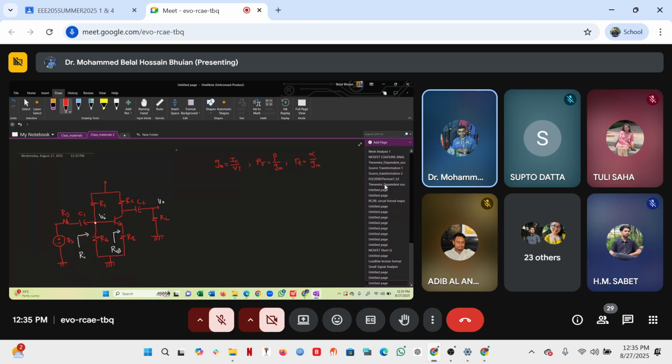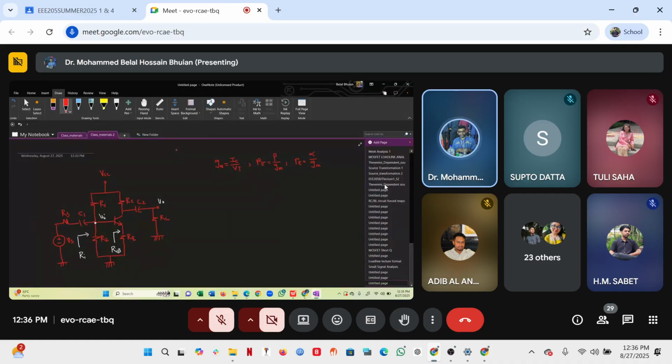Okay. So today we're going to analyze a common emitter amplifier. And after the analysis, we're going to determine a few parameters. So let's say this is our common emitter amplifier. We have a voltage divider biasing network, and then we have the signal connected to the amplifier through a capacitor C1.